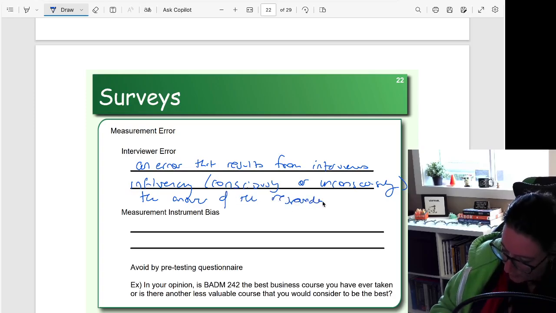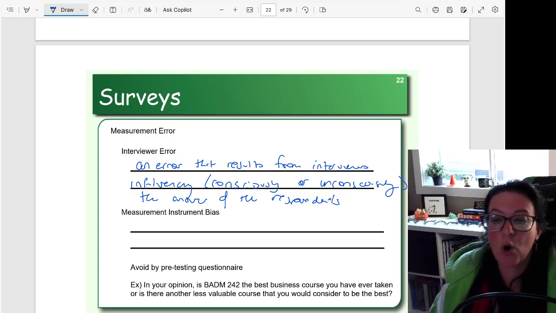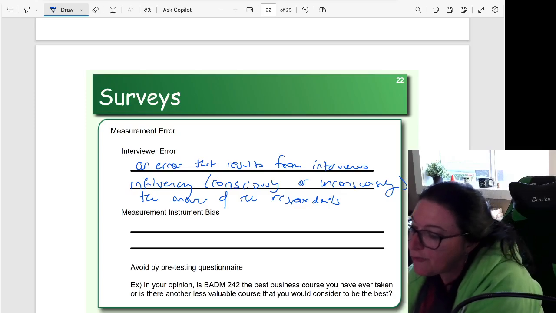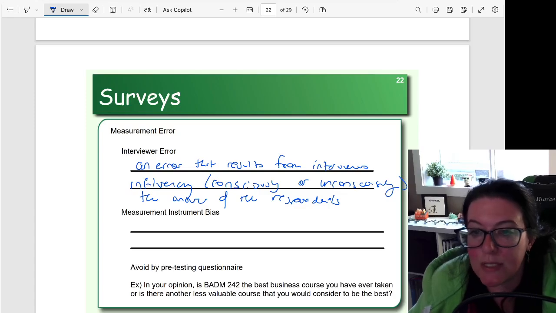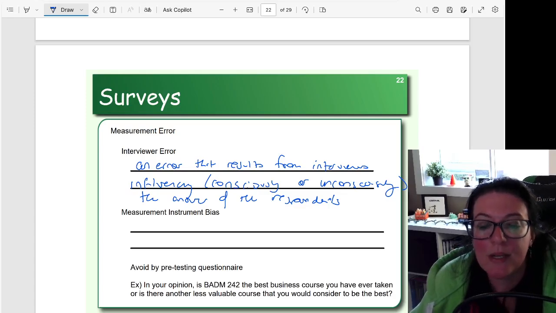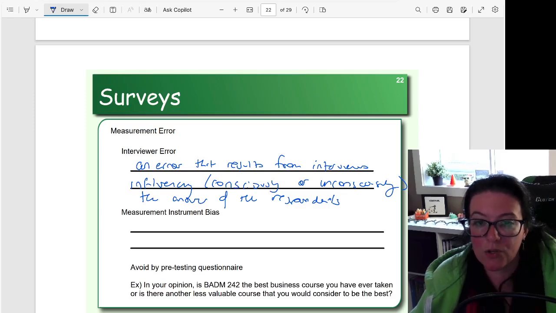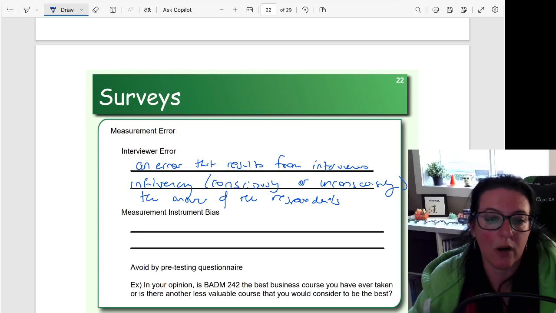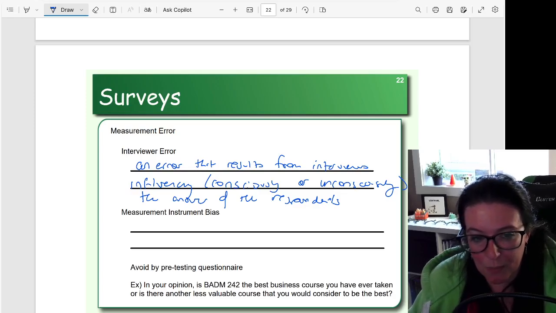This could be that the way that the questions are phrased, the tone that's used by the interviewer. This could be a desire by the respondent to please the person who is asking the questions, or the behaviors, the mannerisms of the interviewer are turning off respondents, and so they're more likely to be negative in their responses.